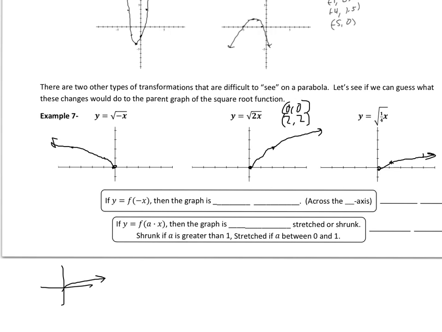And then a horizontal stretch is going to flatten it out. So again, anything that happens horizontally is opposite of what you would think normally, or opposite of the vertical stuff. Because vertically, if it's a 2, it's a stretch. But horizontally, if it's inside and it's a 2, that's going to squish it.